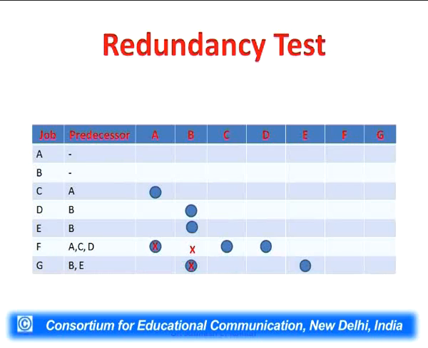This particular information is redundant. It is not required, so we will remove A as a preceding activity to F. Similarly, for activity G, the B activity is redundant. We will remove B from that. So that will remove the redundant activities, and this will complete the redundancy test.